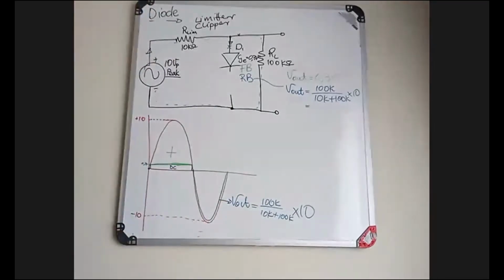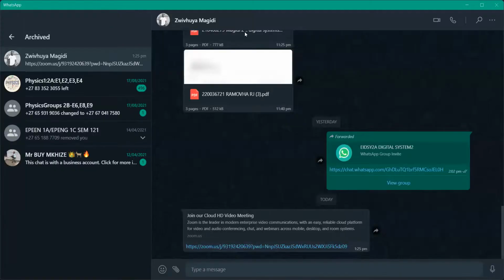It simply means that I am increasing the magnitude of my DC voltage. If I connect this in this manner, then the bias is connected in this manner. I say this bias is 4 volts.